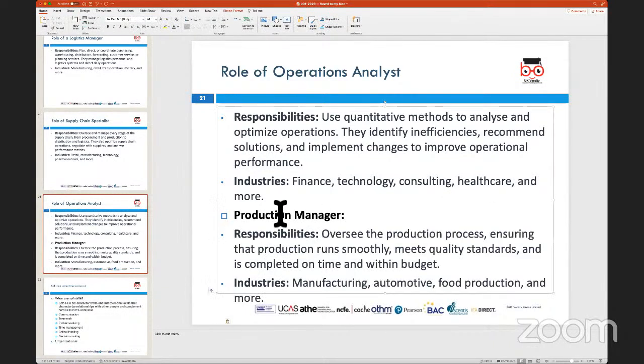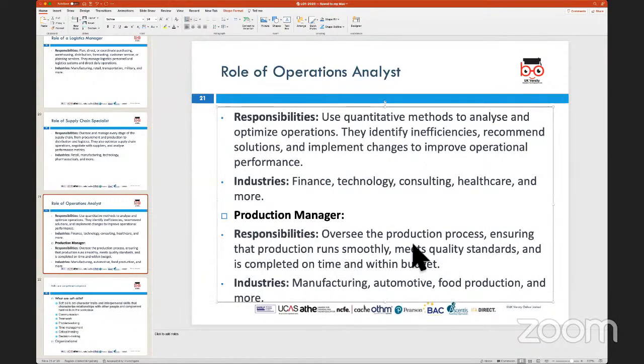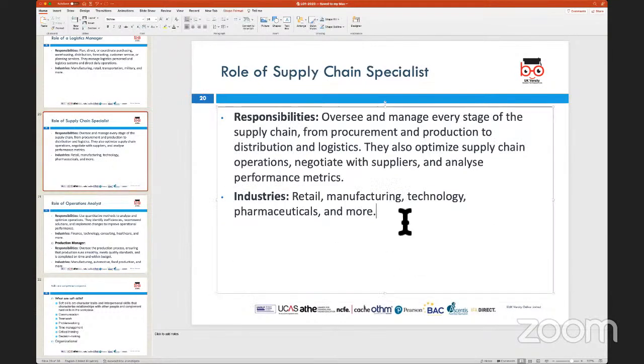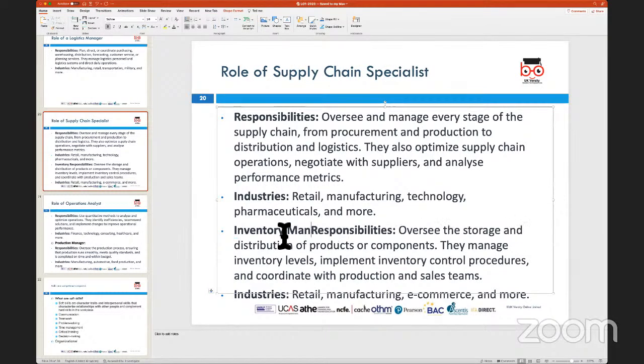There could be other functions, like maybe a production manager, somebody who works within the factory and is responsible for ensuring the production lines are running smoothly. And that could be one of the things that you could also discuss. You could also have other roles like an inventory manager, somebody who manages inventory.